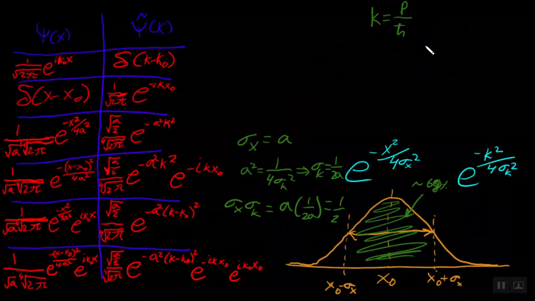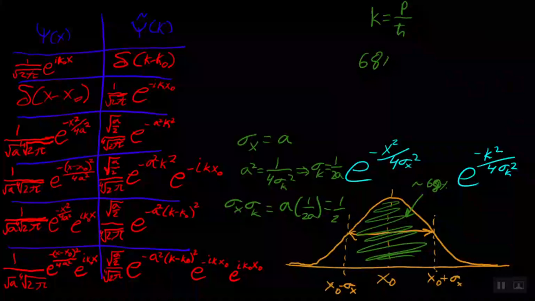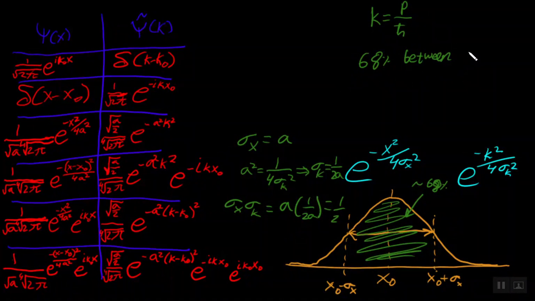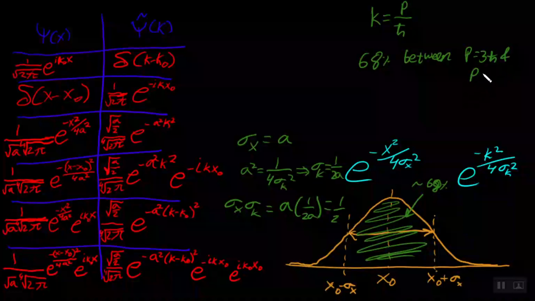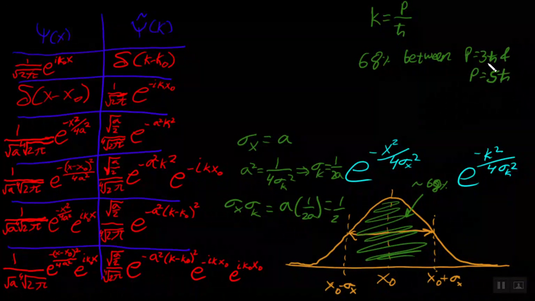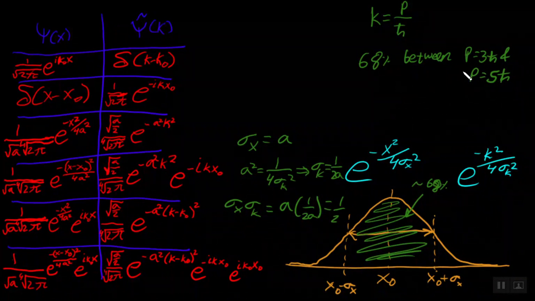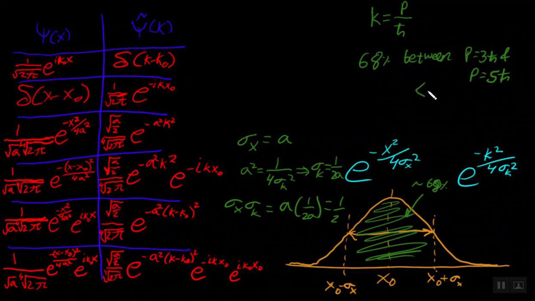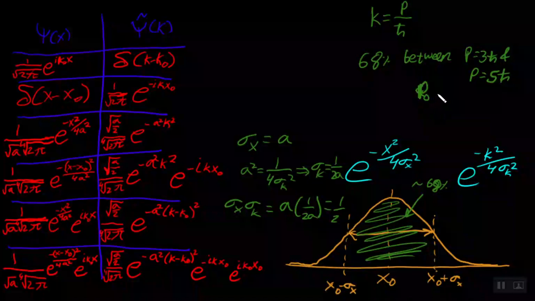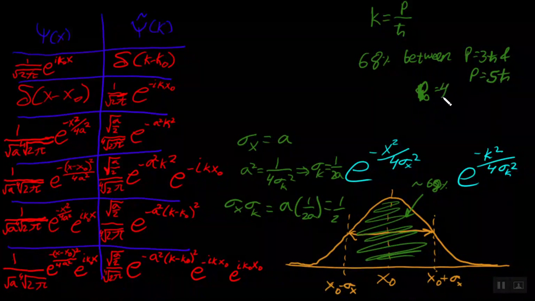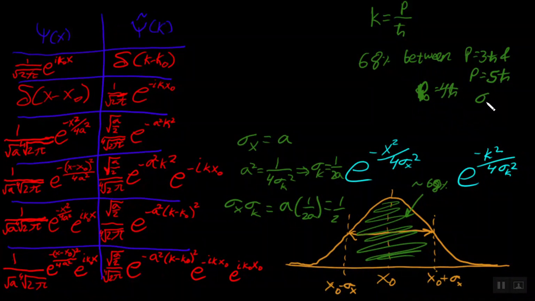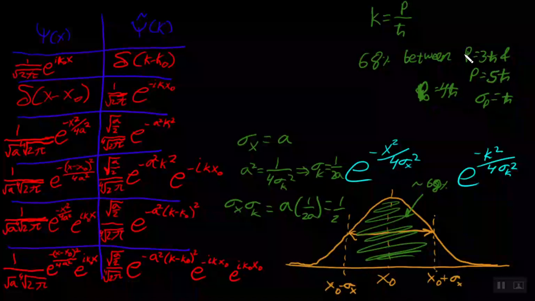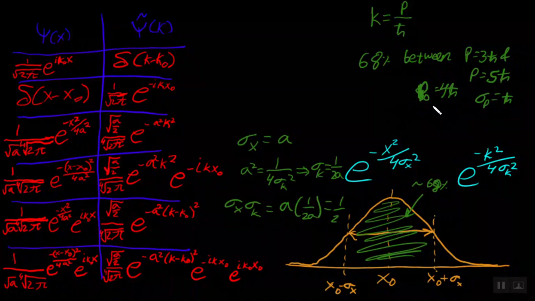And so if I know that I've got a momentum 68% of the time between, say, p equals 3ħ and p equals 5ħ, then we know that our expected value of p, our center value of p, which I'll call p naught, would be 4ħ, and σp would be ħ. It's a 68% chance of being within 1ħ of the most likely, the average.